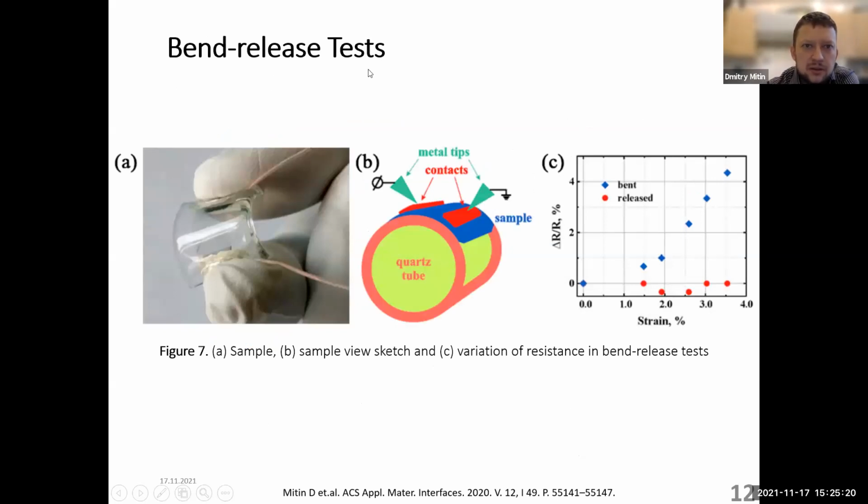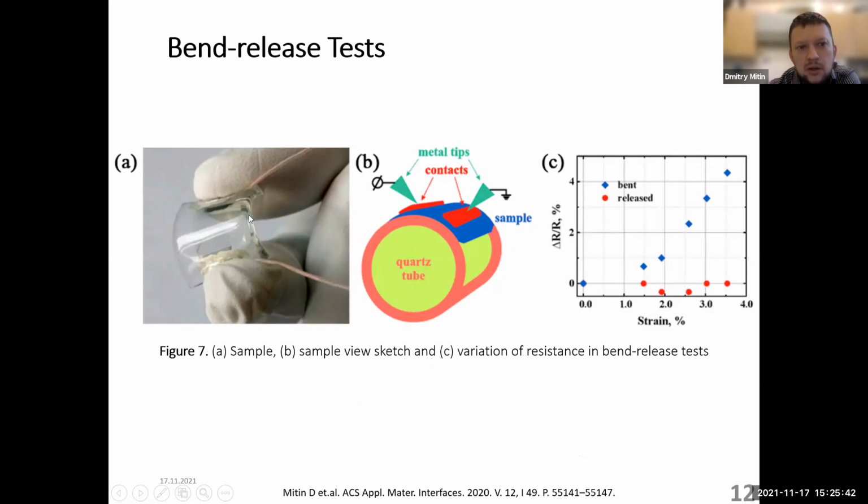Everybody knows that flexible electrodes are very popular today, so we transferred our patterned CNT layer onto a flexible polydimethylsiloxane matrix, and after that we made a bend-release test.